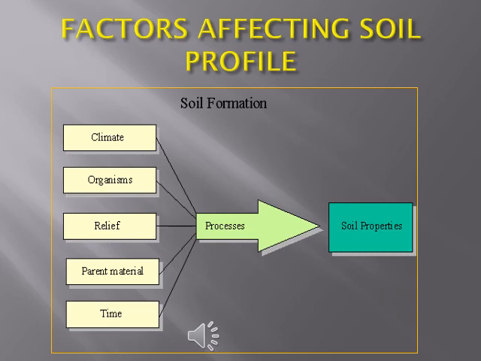Then time, whether the soil started forming recently or many years ago, so how much time has passed from the beginning of the process of soil formation. These are the things which will affect the soil properties, that means the type of soil, the color of soil, the fertility of the soil, etc.